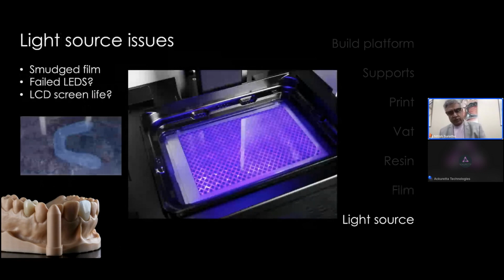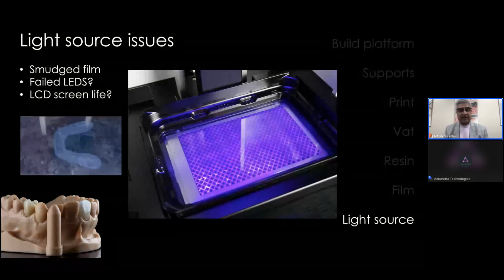The light source in the Sol is a bunch of matrix LEDs. They do a fantastic job. They are very controlled. They don't generate too many problems that affect the LCD life. Conventionally, with LCD printers, you can get only about 2,000, 3,000 hours.